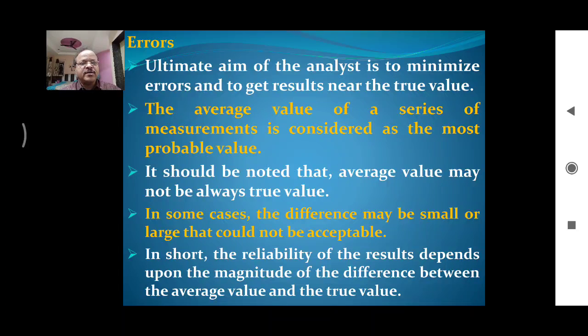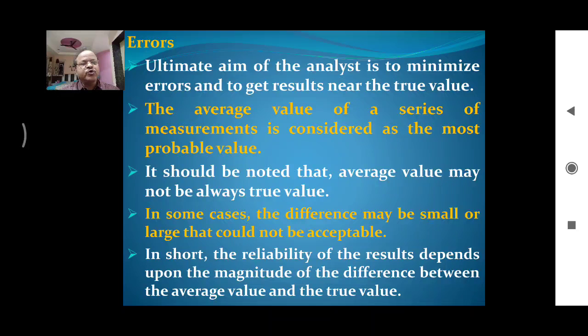In short, the reliability of the results depends upon the magnitude of the difference between the average value and the true value. To some extent we can accept the difference between the average value and the true value.